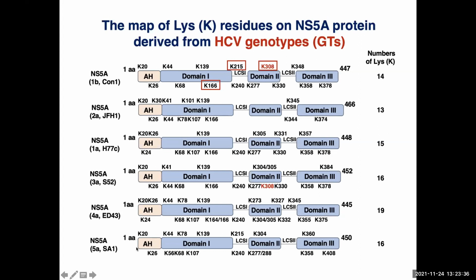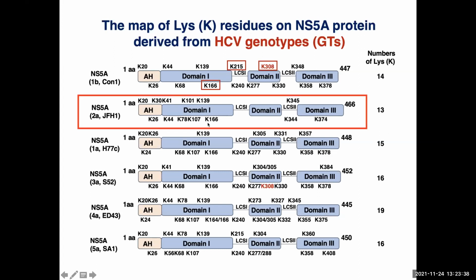And the interesting thing is that only genotype 2A doesn't have a lysine residue at domain 2, although other HCV genotypes carry this lysine 308, which is important for HCV replication.